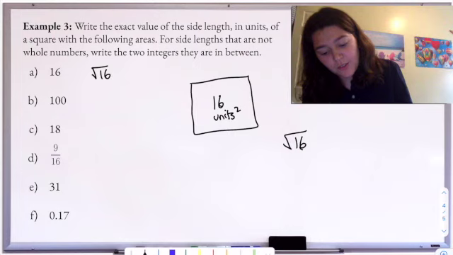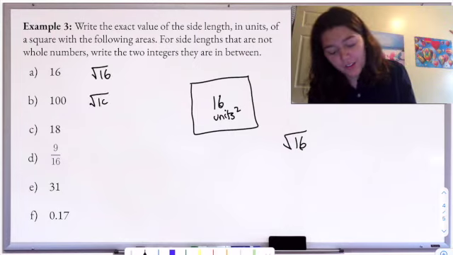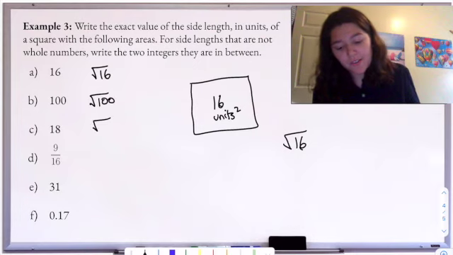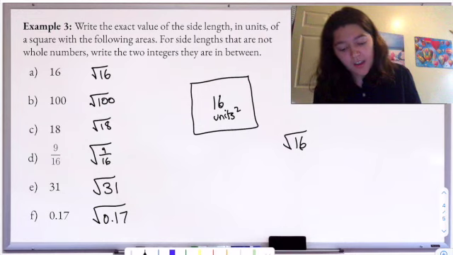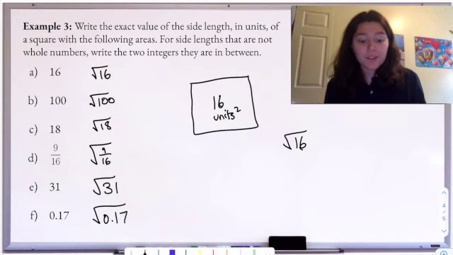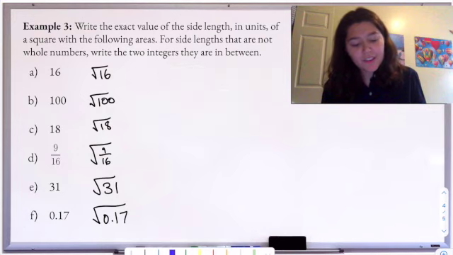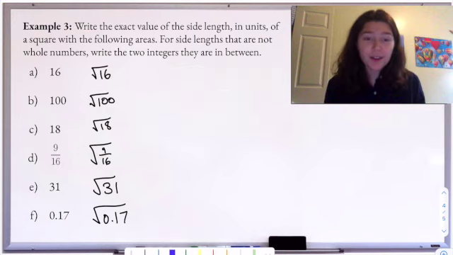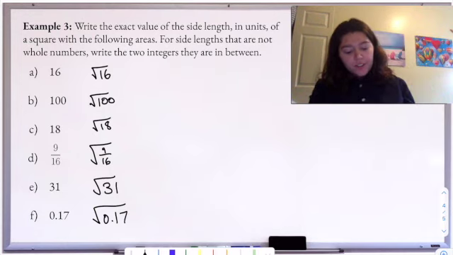So we're going to find the square root of 16. And that is the same concept for all of these. We have the square root of 100, the square root of 18, the square root of 9/16, the square root of 31, and the square root of 0.17. Some of these have nice, easy square roots for us. Some of these are perfect squares. And some, the exact value is just what I just wrote down. So let's do a few of these quickly.